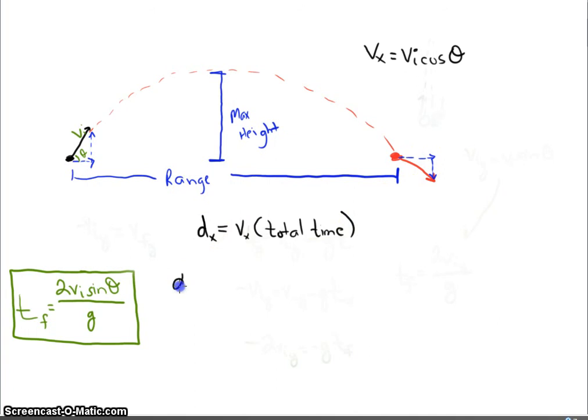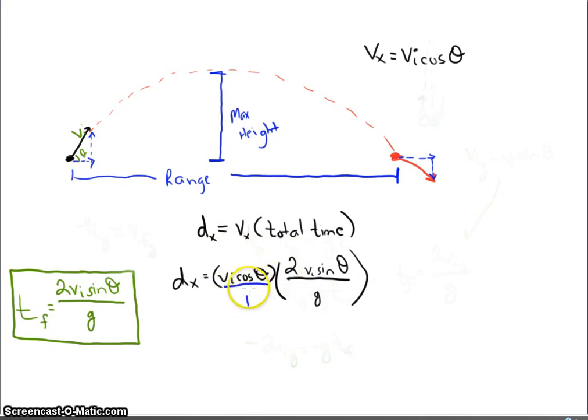All right? My range then is equal to VI cosine theta times my total time, which is 2 VI sine theta over G. Okay? Now I can combine some things because I have some things that are the same and I'm multiplying these two by each other. And when you're multiplying fractions, you multiply numerator, numerator, denominator, denominator.